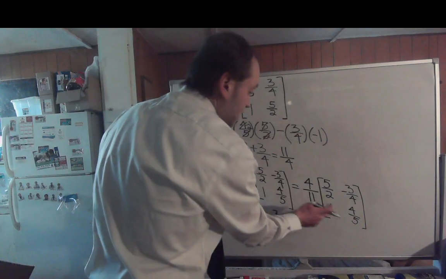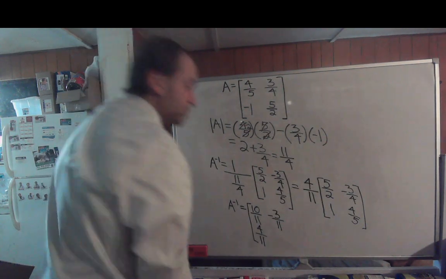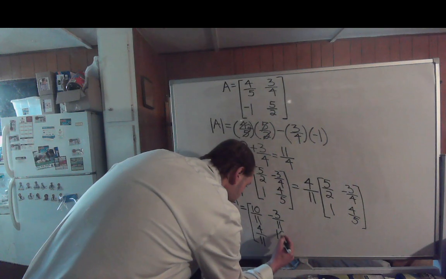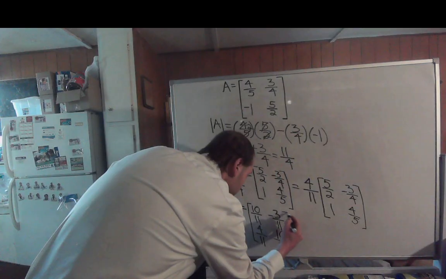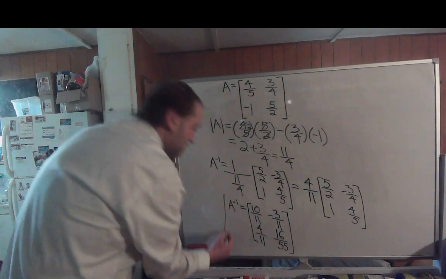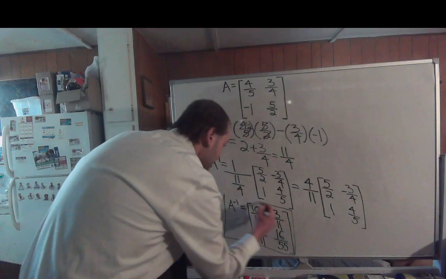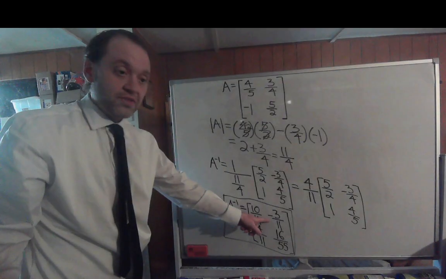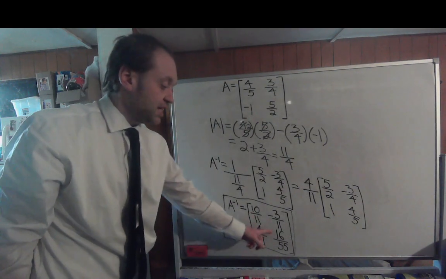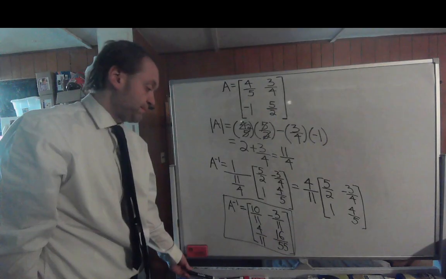And then 4/11 times 4/5, that's going to be 16/55. So the inverse of A is the matrix with entries 10/11, -3/11, 4/11, and 16/55.